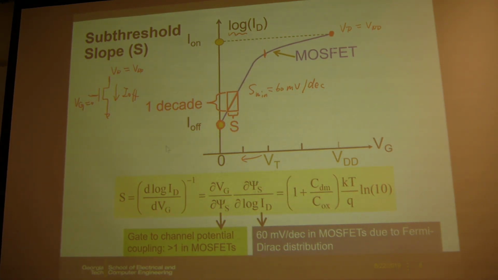But let's say this S, if you express the S into this equation, then S is defined as the slope, and actually it's 1 over the slope. And it has 2 components.